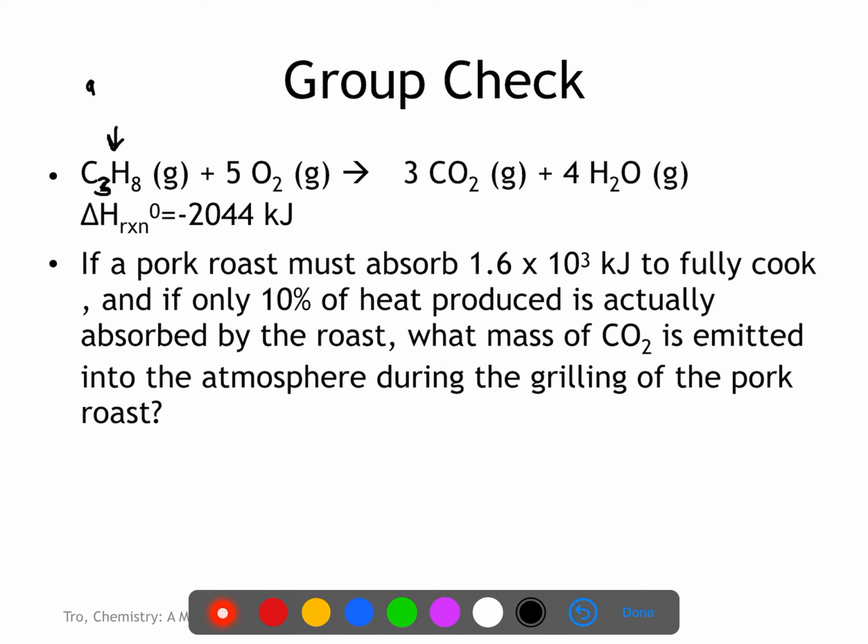And you want this. So first thing that I realized is I'm going to need to use mole ratio eventually. And if I need to use mole ratio, I need to find moles of propane to then go to moles of carbon dioxide, to then go to the mass, since I want to end with grams.